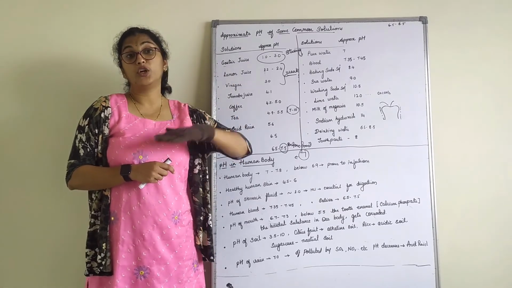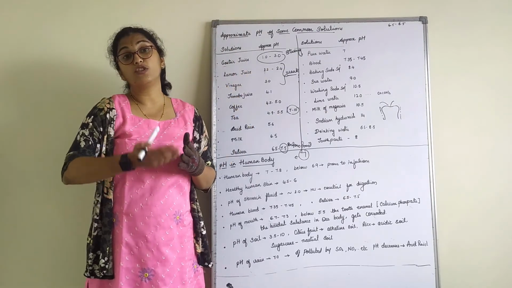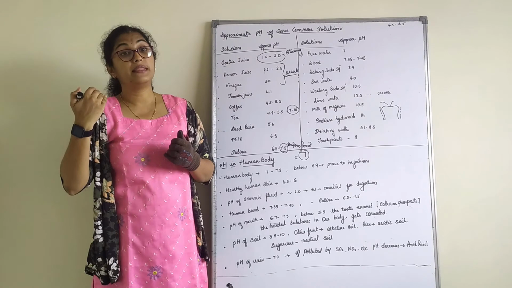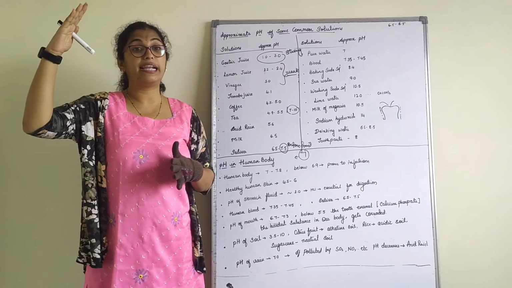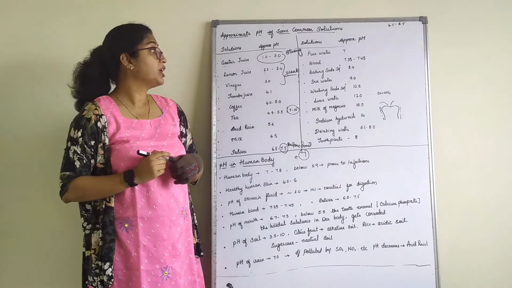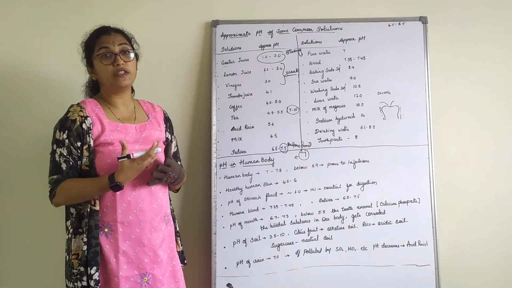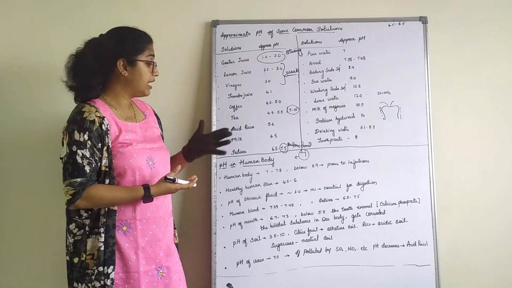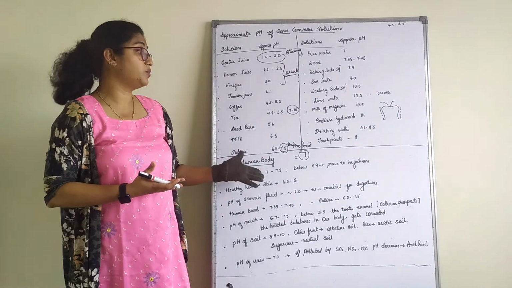As the hydrogen ions increase, acidic nature increases. As the hydrogen ions decrease, basic nature increases. That means OH negative ions increase there. We also understood the approximate pH of common solutions we use in our day-to-day life, as well as how the human body and plants are sensitive to pH.